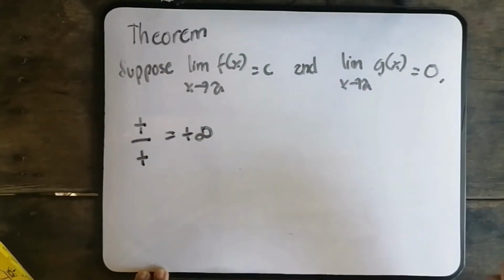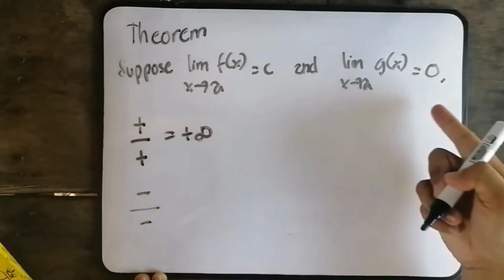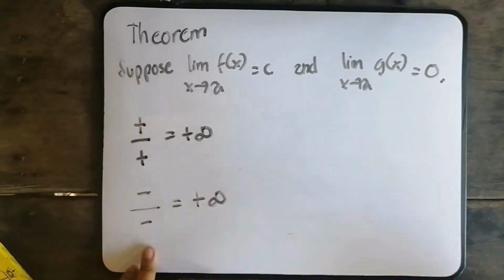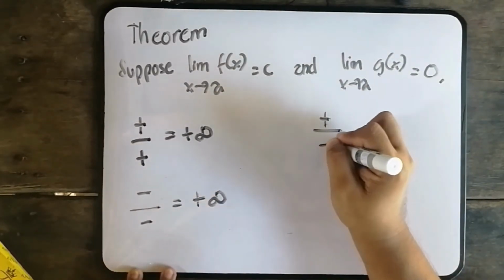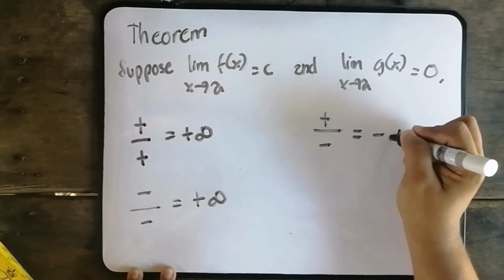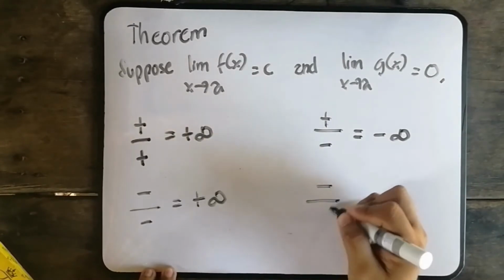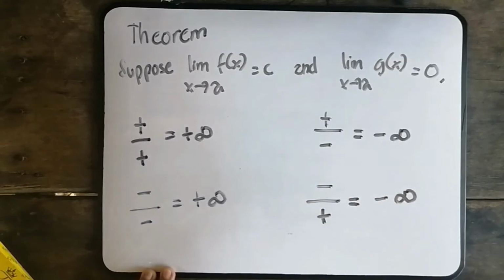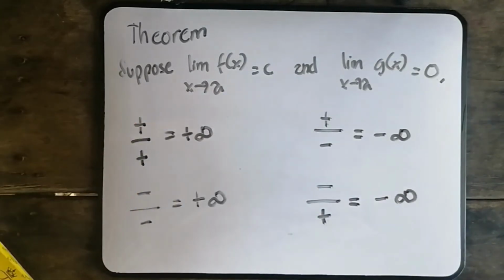Same sign, positive, different signs, negative. So, if we have negative sa taas tapos negative yung nasa baba, ibig sabihin, positive infinity pa rin yan. Okay? Kapag naman positive sa taas, negative yung nasa baba, that's negative infinity. At kapag negative yung taas, positive yung baba, that's negative infinity. So same sign, positive infinity, different signs, negative infinity.